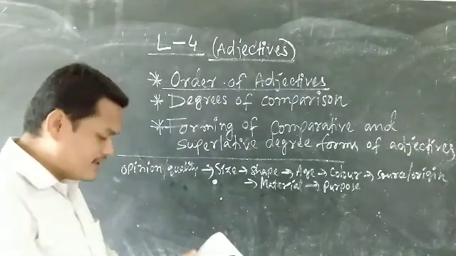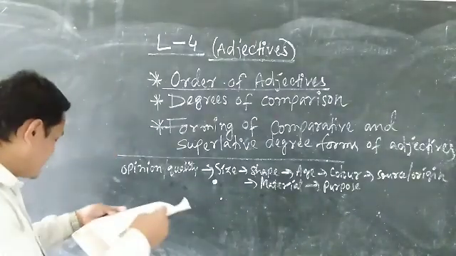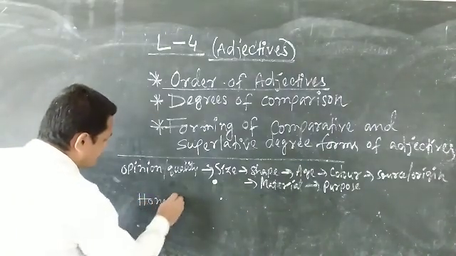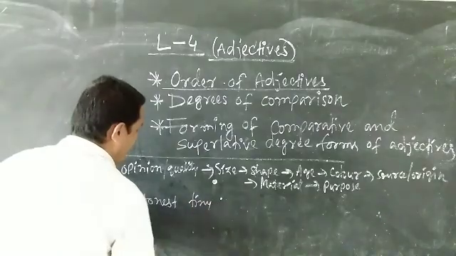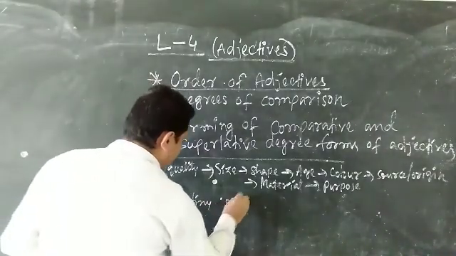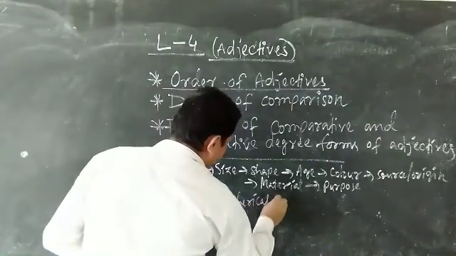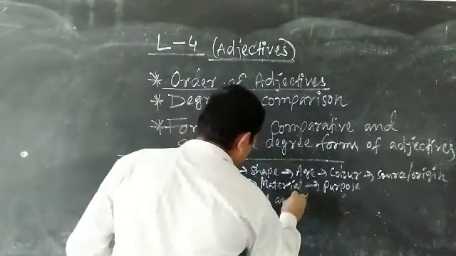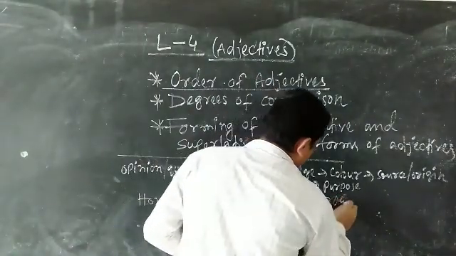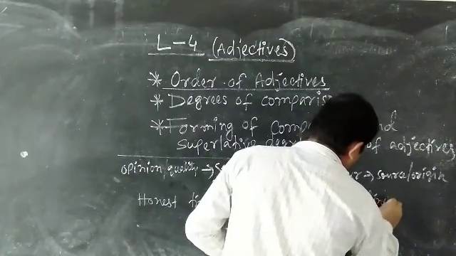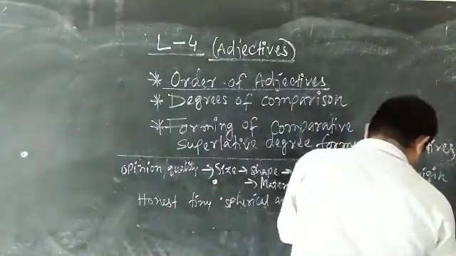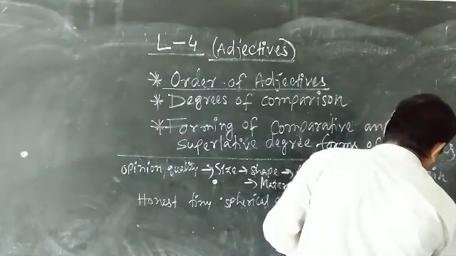Okay? And you can see an example of this one. It's given in the book. What does it say? Honest, tiny, spherical, ancient, brown, Chinese, metal, wiping.